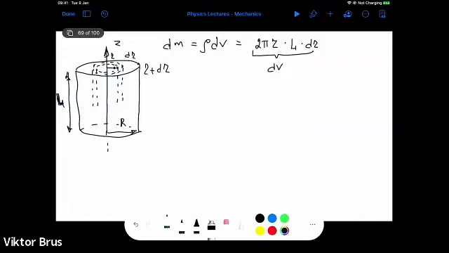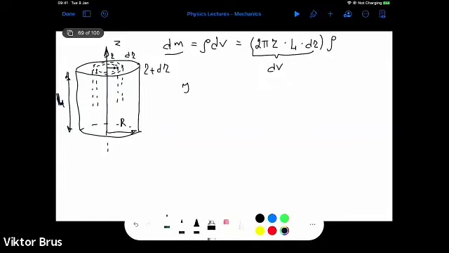And of course, let's take it into parentheses and multiply it by density in order to get dm. So once we define elementary mass, we can apply our equation for the moment of inertia and calculate this moment of inertia.